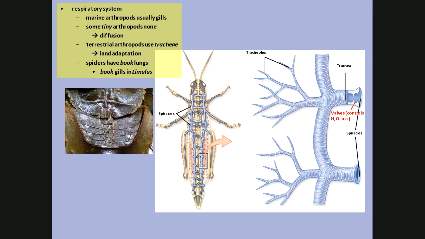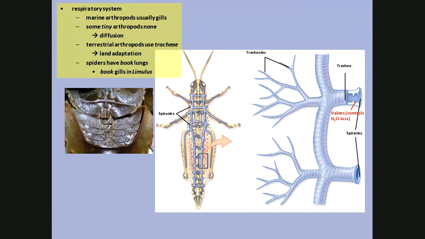But the arthropods found this ingenious way of using tracheoles, which are basically air tunnels, canals if you will, that get smaller and smaller and deliver the gases so close to each one of those cells that no cell is too far away for diffusion to work. So the material diffuses at the end of the tracheoles, but the cells are so ingrained with all these tracheoles that they are never too far away.